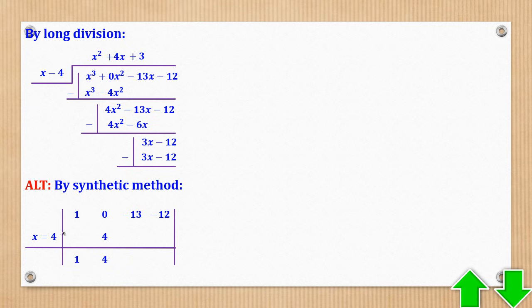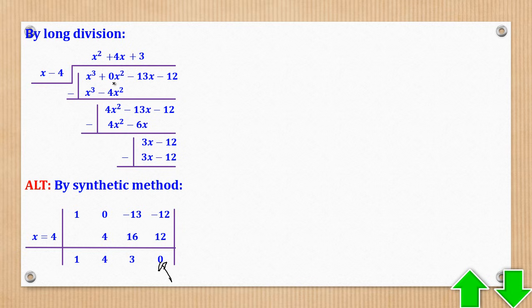Then repeat the procedure, multiply this by this to get a value, put it here, and then add this to give you 3. Repeat the procedure, this times this, you get what we put here, and add this, you get 0. So this last value means there's 0 remainder.